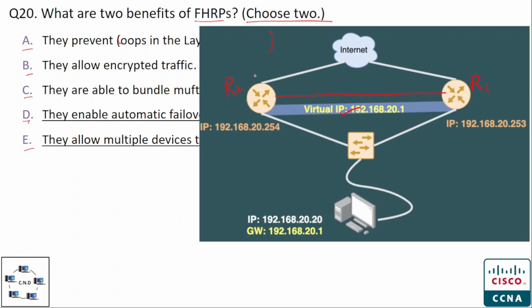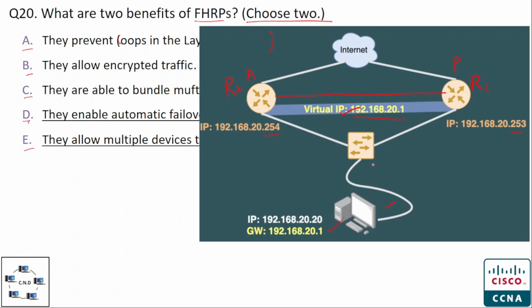One device works as active, that is actively forwarding traffic, while the other works as passive. And a virtual IP or gateway is configured on these devices, such as this 20.1. On the client device, let's suppose this is a client, you configure the gateway as this virtual gateway. Although both devices have physical IP addresses, this is the virtual IP address.